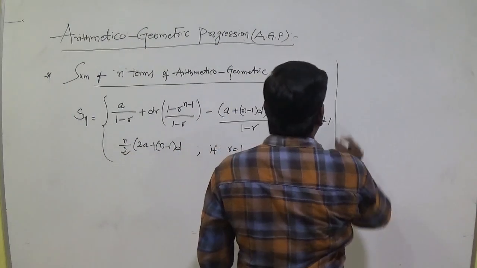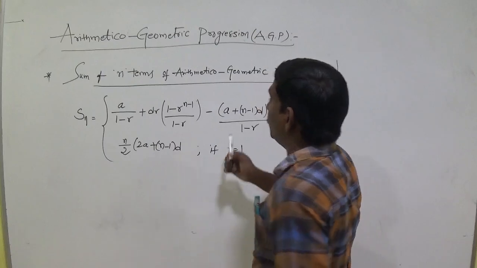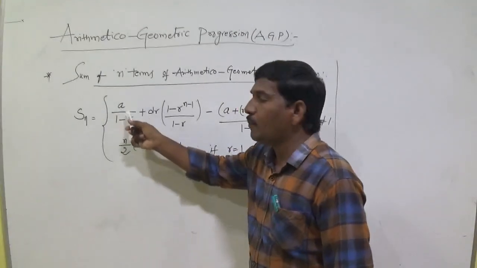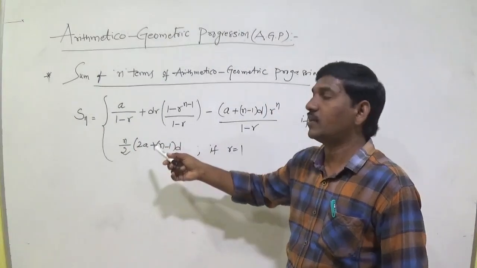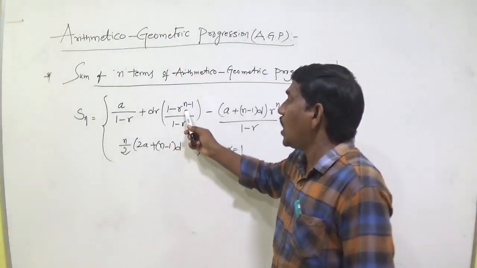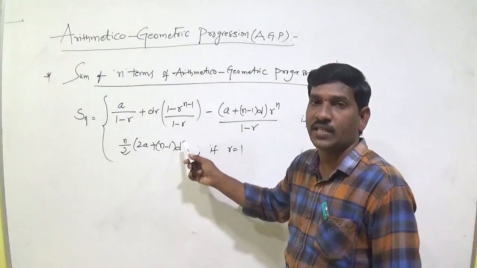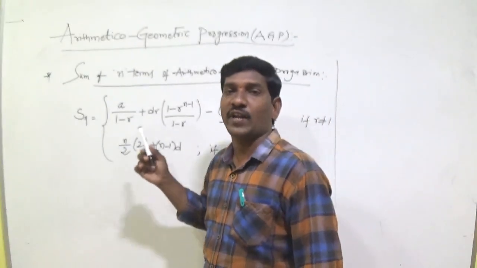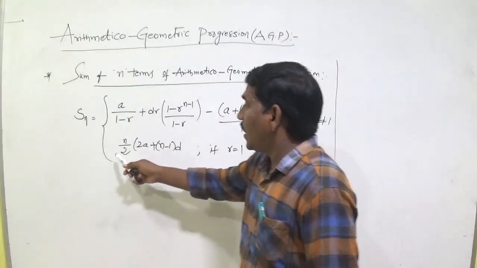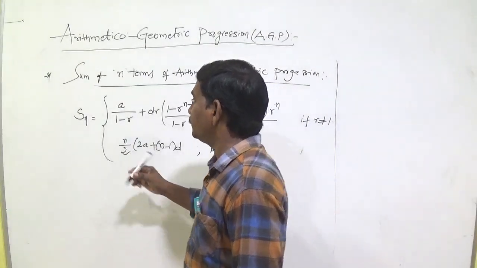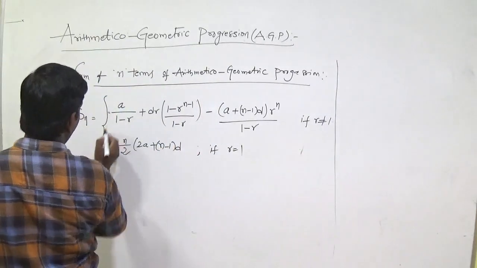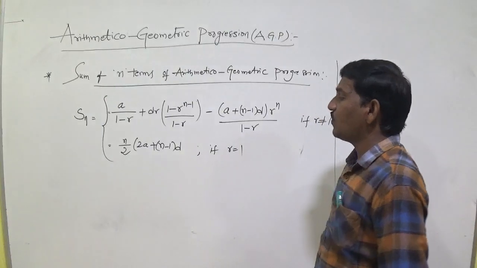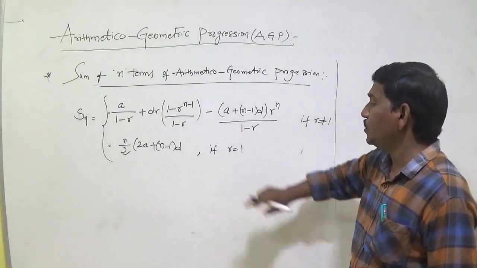So how to get this formula? There are two conditions and we have two formulas. Sn equal to a by 1 minus r plus dr into (1 minus r power n minus 1) by 1 minus r minus (a plus (n minus 1) d) r power n by 1 minus r. And another formula, n by 2 (2a plus (n minus 1) d) if r equal to 1.